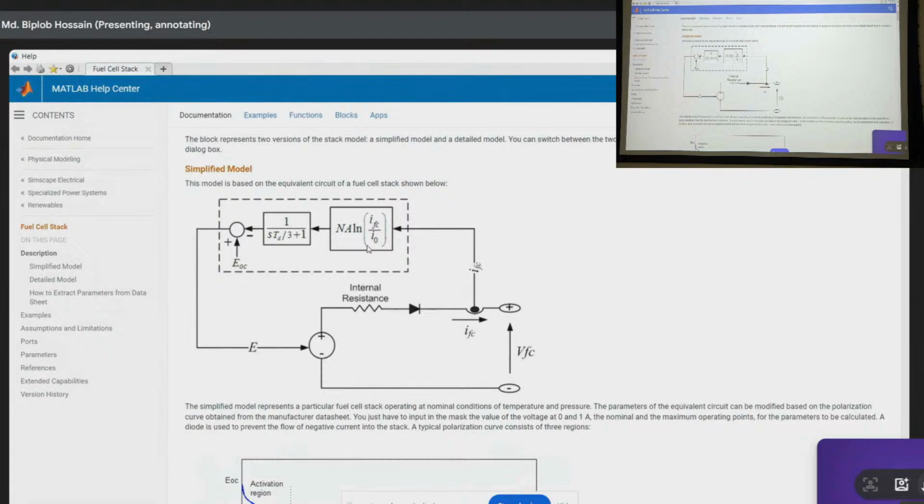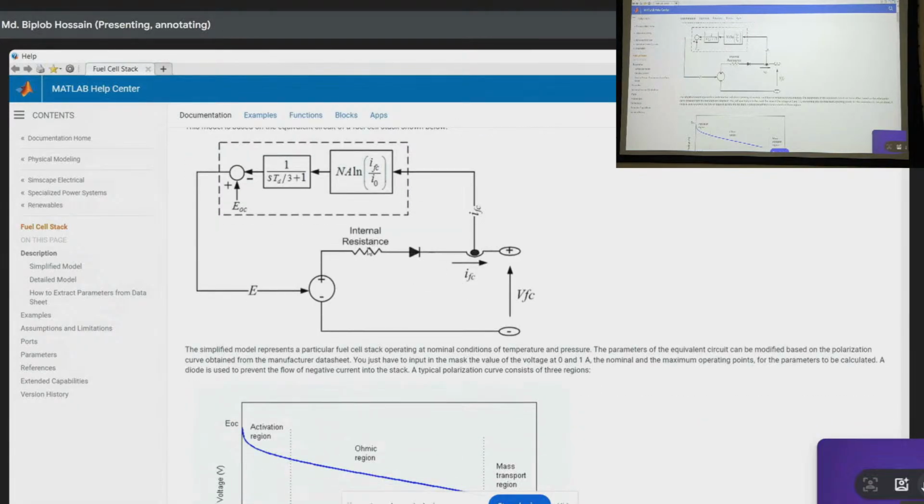So this is the circuit, but the available MATLAB built-in circuit ignores concentration overvoltage. Here we can see the equivalent of ohmic voltage, the resistance part, and there is a current dependent parameter only. This is the equation for activation voltage drop only.